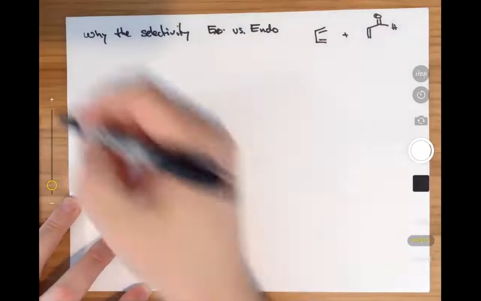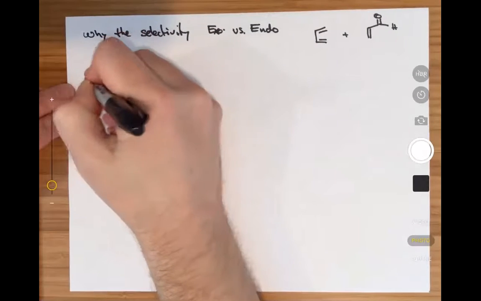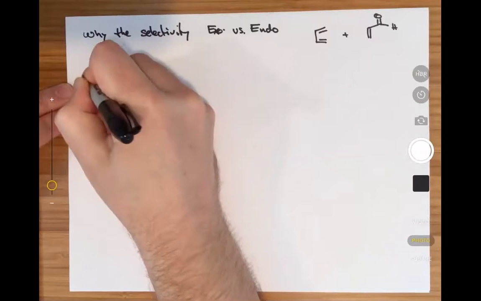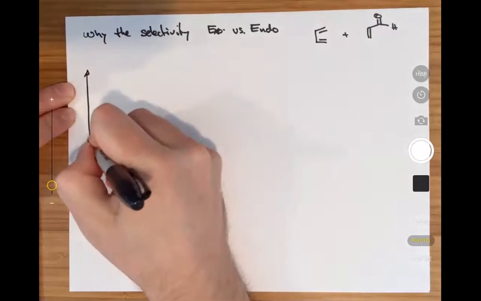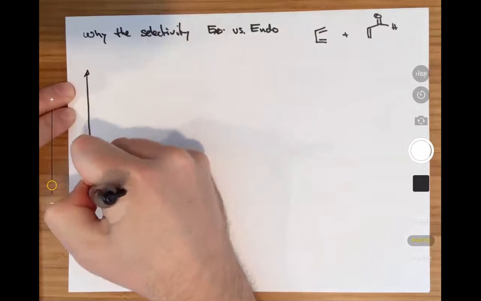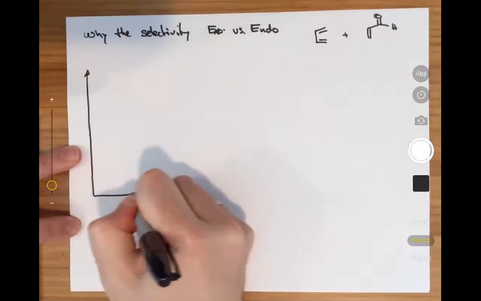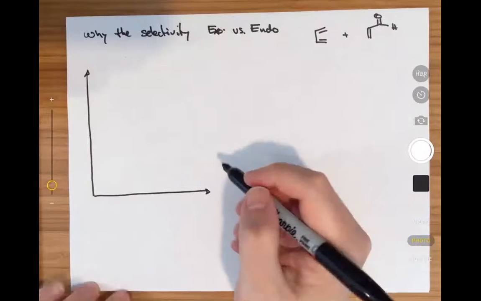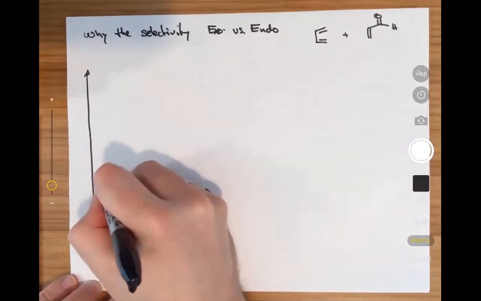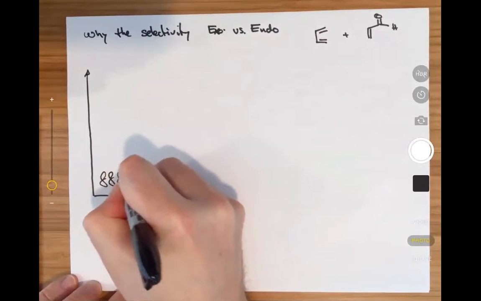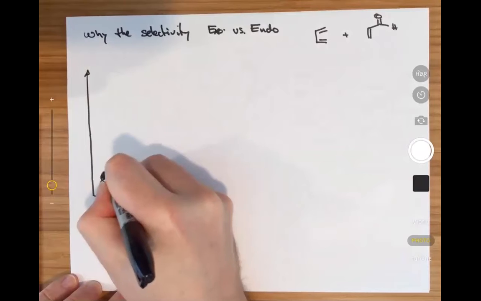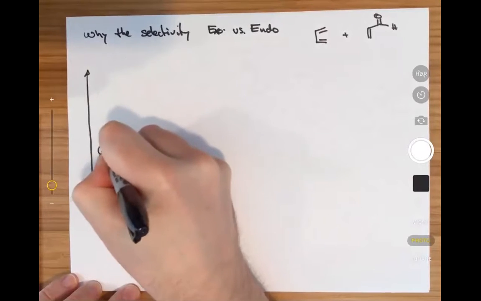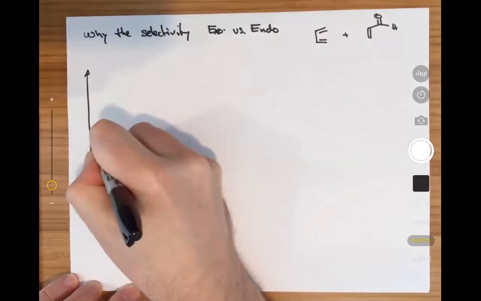So in order to figure out how this works again, let's draw our orbitals. We have our diene on one side, and we know how these orbitals look. You have phi 1, which are all in the same shading. Then you have phi 2, which has one node.